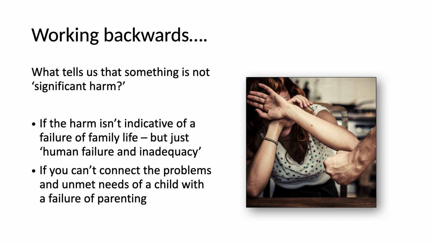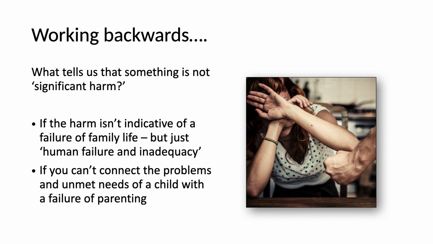We also know if the harm isn't substantial, if the harm has no meaning, if the harm is just human failure, inadequacy, all of these would suggest you haven't got threshold. And if you have parental problems, and if you have unmet needs of a child, that you cannot clearly connect these together, it again suggests you aren't identifying harm which is significant.